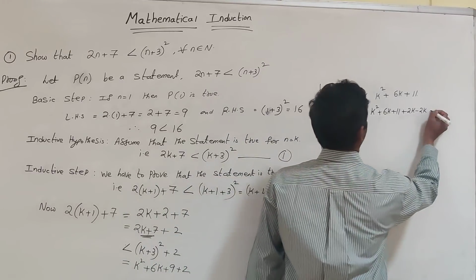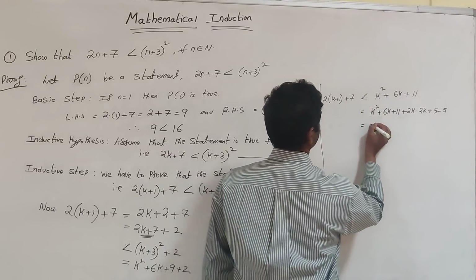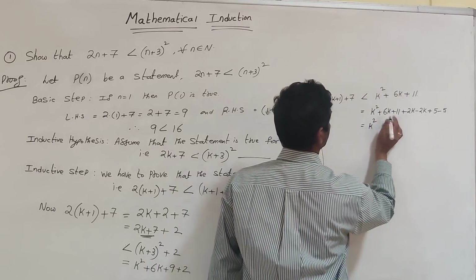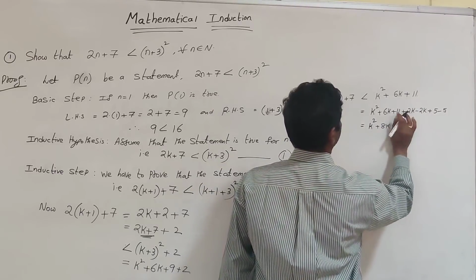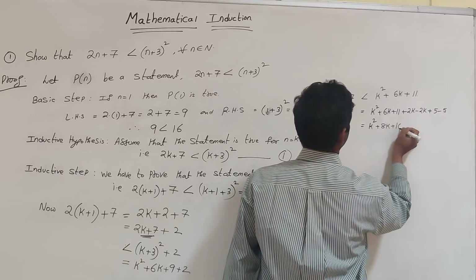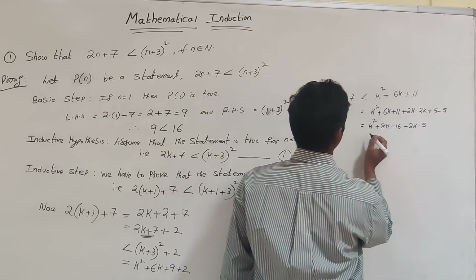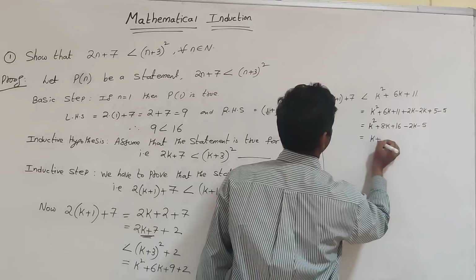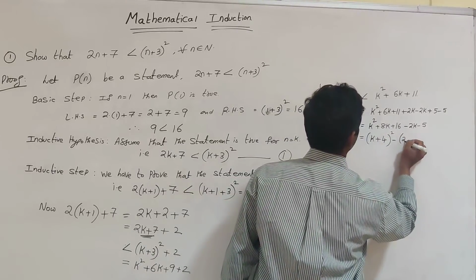So add 5 and subtract 5. So it gives k square plus 6k plus 2k, 8k, plus 11 plus 5, 16, minus 2k and minus 5. So this can be written as (k plus 4) whole square minus (2k plus 5).